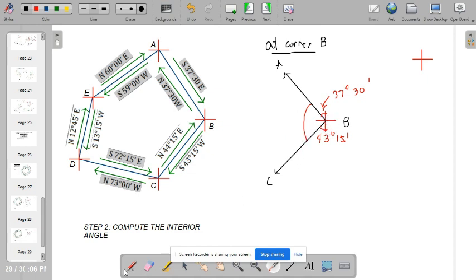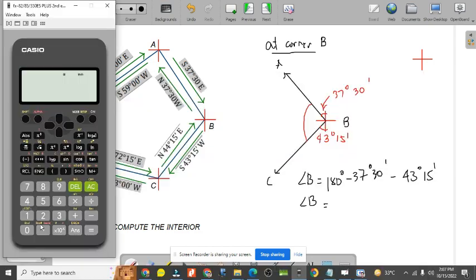This is your angle B. This is simply equal to 180 degrees less 37 degrees and 30 minutes, less 43 degrees and 15 minutes.